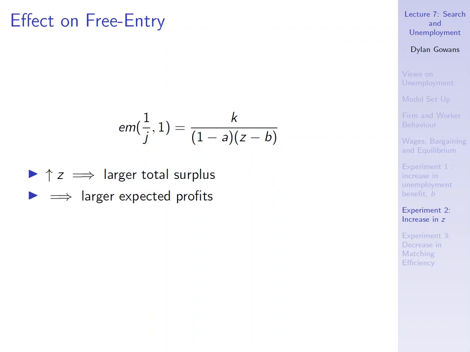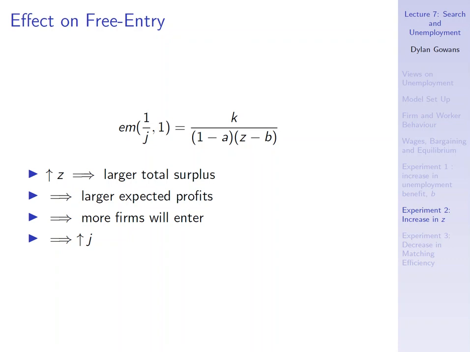Or put another way, there's a larger expected profit for the firm. If firms produce now, they're going to get more, and therefore their expected profits are higher. And this will mean that more firms will enter, and this will lead to an increase in J.